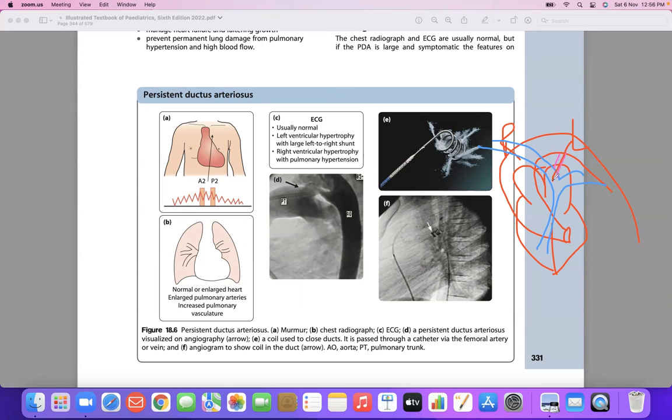So you will have a left to right shunt. Here the more shunting will happen, so more blood will go to the lungs.